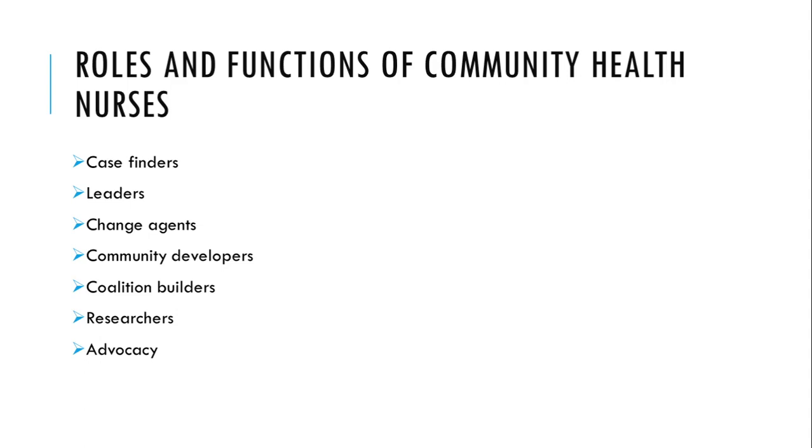Okay, the next role is the coalition builder. A coalition is a get-together of people for combined action working towards the same goal. So, as a coalition builder, you have to identify potential coalition members, that means the people who are willing to work towards a common goal based on common interest and assets available.